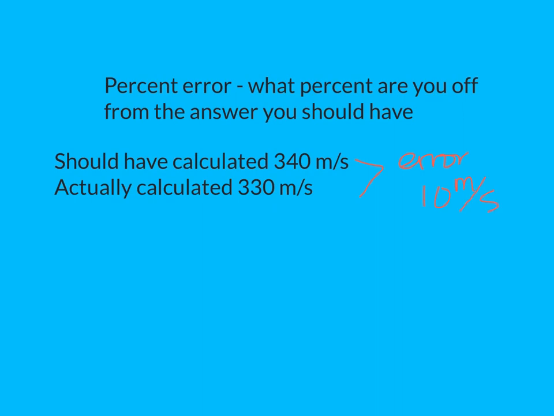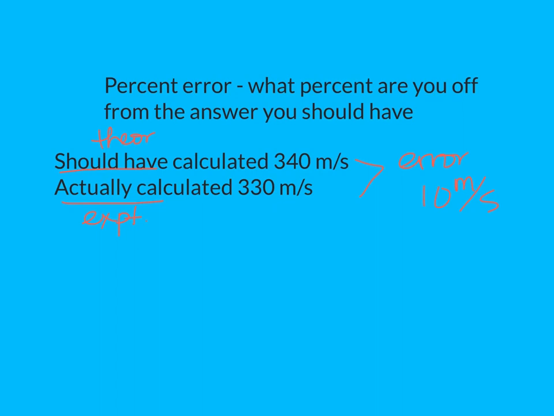I'm like wrong. This is my theoretical. What I should have is my theoretical. And then what I actually got is my experimental. Okay, so don't get this mixed up with percent yield with chemistry. It's nothing like it. Okay, so what I should have gotten, and I'm off by 10 meters per second.